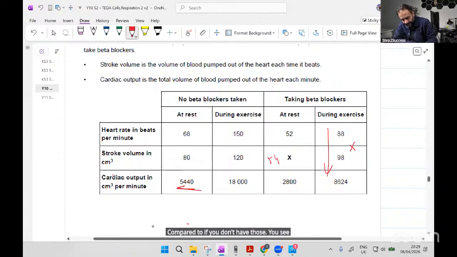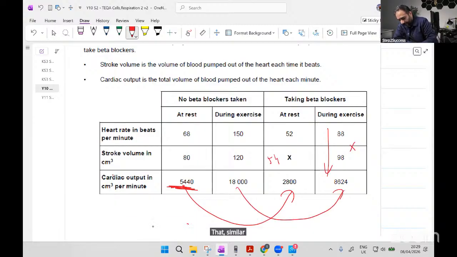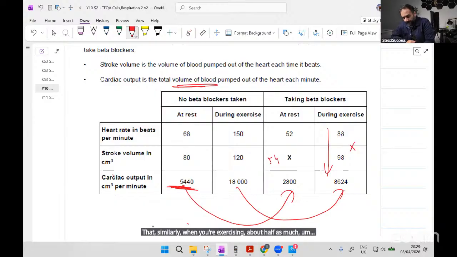You see that 5,540 at rest when you don't take them, and it's basically almost half. Similarly, when you're exercising, about half as much blood is being pumped out of the heart.